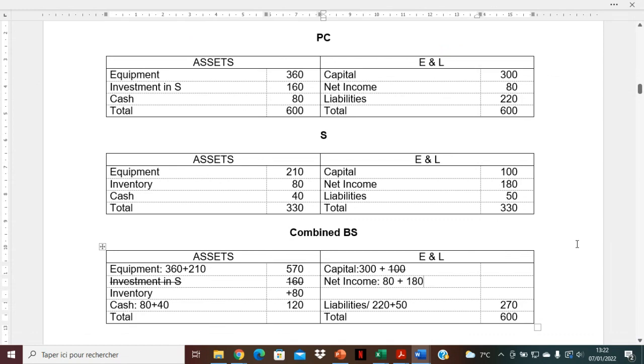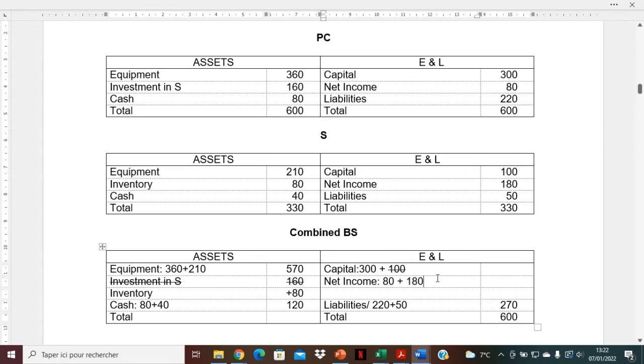Remember, when I bought the subsidiary during this year in April, the net income was 60. At the end of the year, the net income of the subsidiary is 180. But in the year of acquisition, I need to split that into the part that is pre-acquisition, when I bought the company, and post-acquisition, which would be part of group revenue.